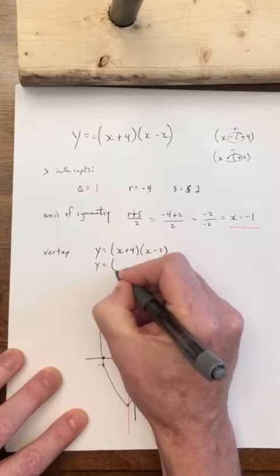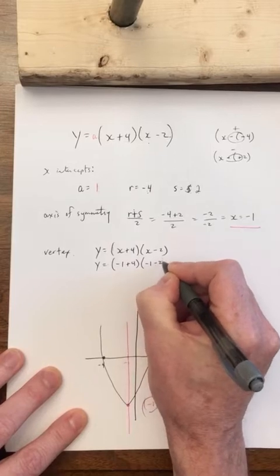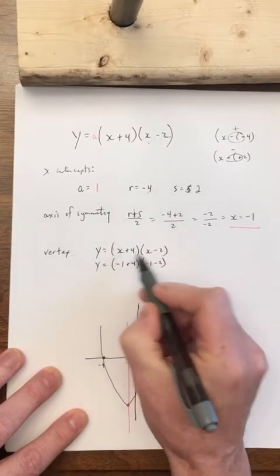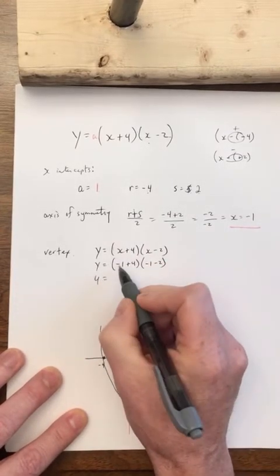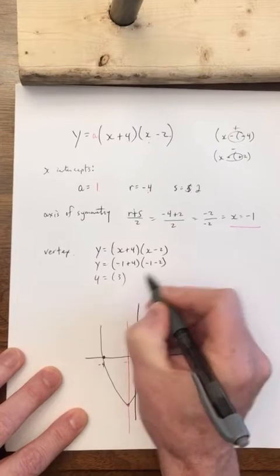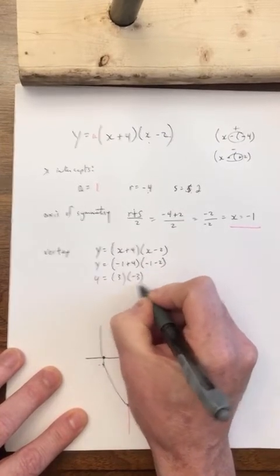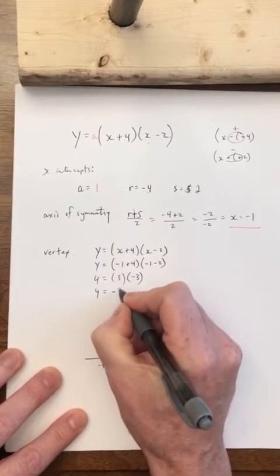So y equals -1 plus 4 times -1 minus 2. So I just subbed in this x value for our x's. -1 plus 4 is 3. -1 minus 2 is -3. And 3 times -3 is -9.